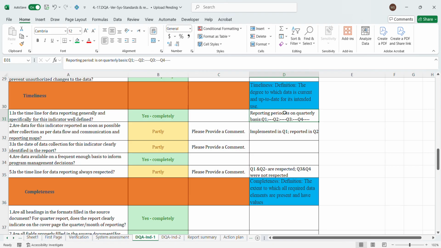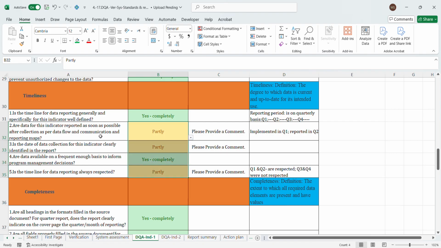If it is quarterly, the standard should be there for quarter 1, quarter 2, quarter 3, and quarter 4. Similarly, if the reporting is on a monthly basis, we have to check that. Only if we have that do we fill in completely for question 1, and the remaining questions are evaluated based on those standards.